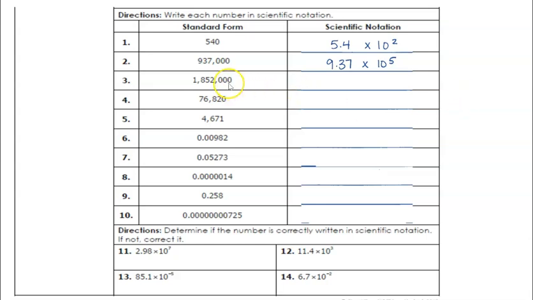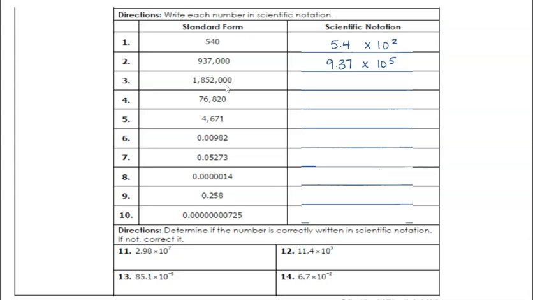Now, this next number is why we have this. This is 1,852,000. A lot of times you will hear people who have won the lottery and they've won $5.2 million. Okay, this is what that means. This is when we use it, when it's really big numbers. So remember we want to get it here between the 1 and the 8. And so we start at the end.